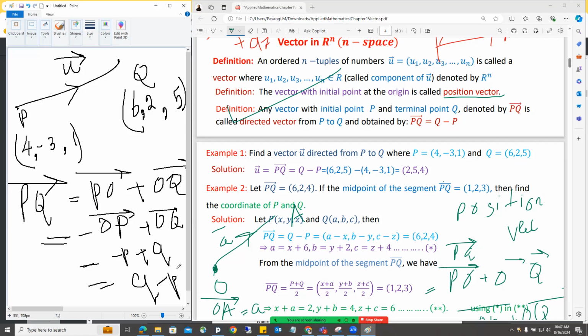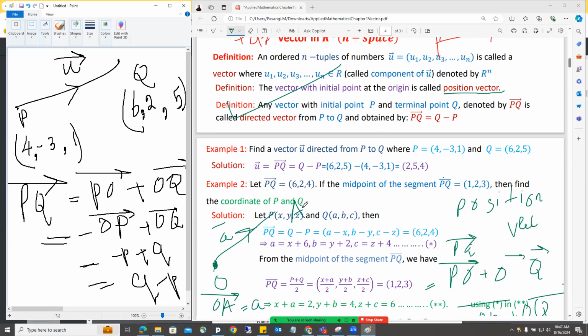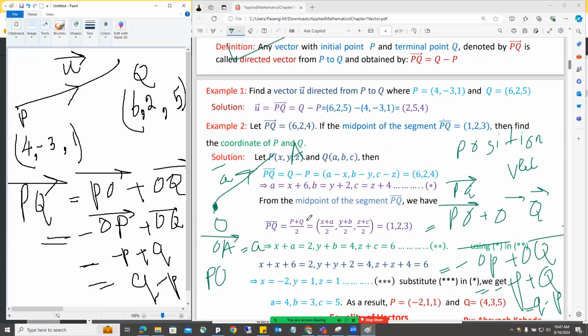For OP, I just took that vector as P. Then that is minus P plus Q, which means Q minus P. Is it clear? Yes. Okay. So now check example 2.